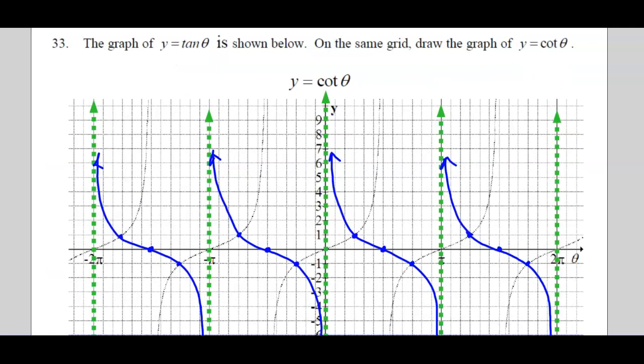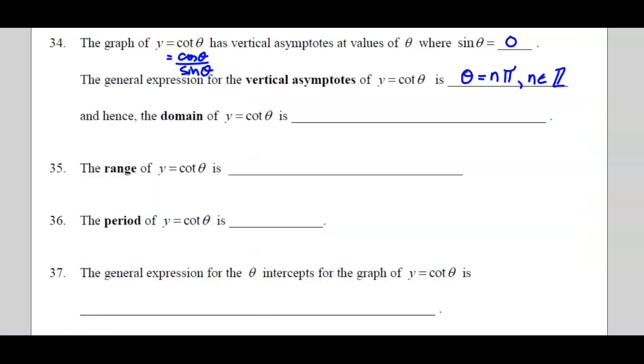I mean, you can see it on your graph, but my green, that's your sine, remember, is where it starts at 0, 0, and it's every pi unit. So the domain of this is all values of theta that are not equal to multiples of pi. Range in this case will be the same as tan, all real numbers.